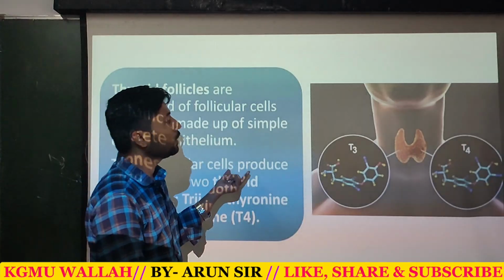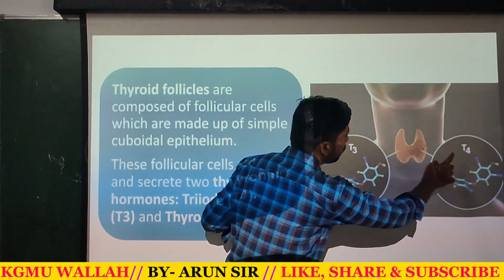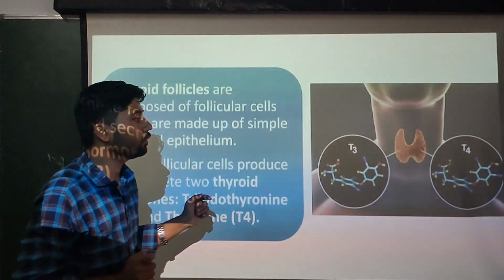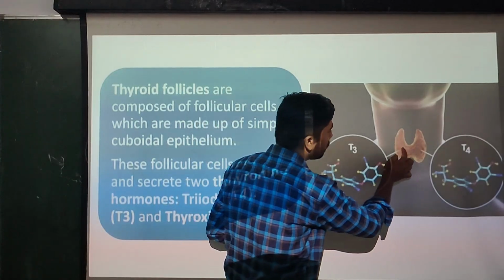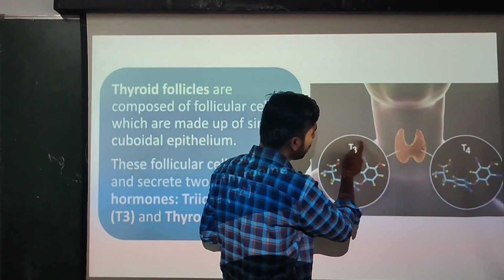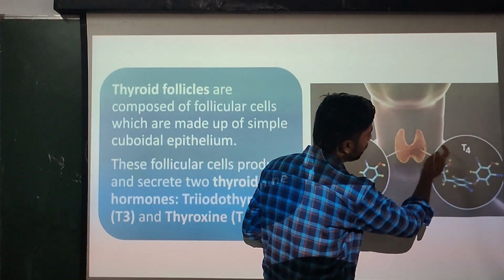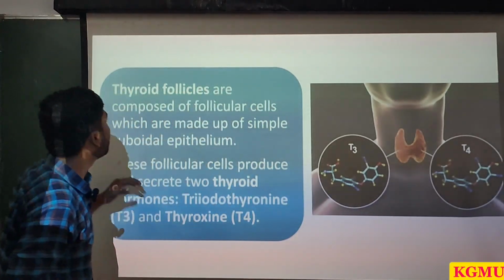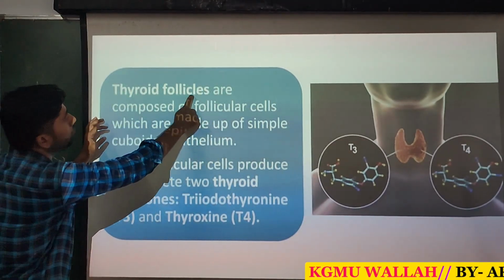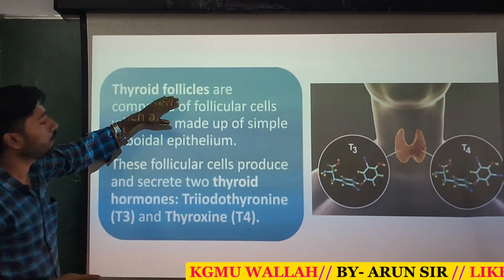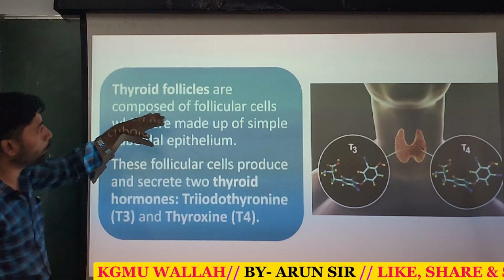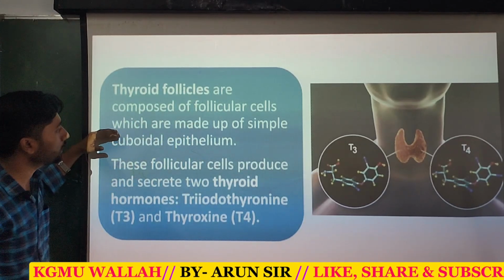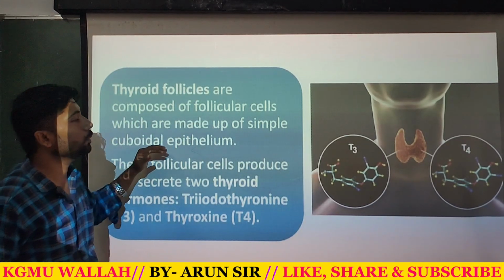Next, you can see T3 and T4. Here this part is T3 and this part is T4. So let us discuss thyroid follicles. Thyroid follicles are composed of follicular cells which are made up of simple cuboidal epithelium.